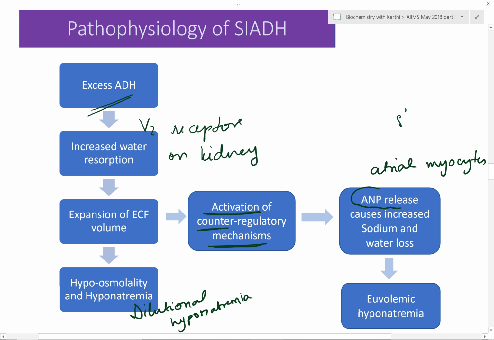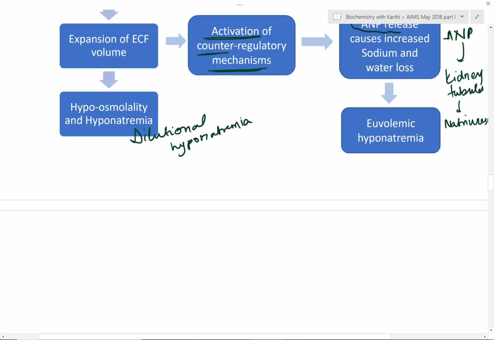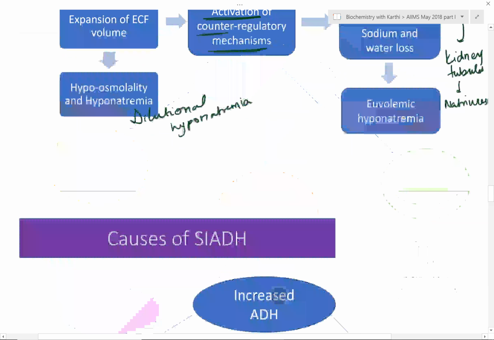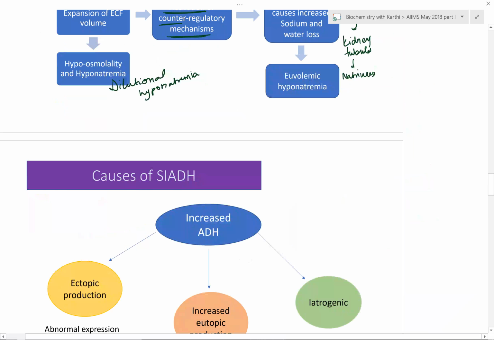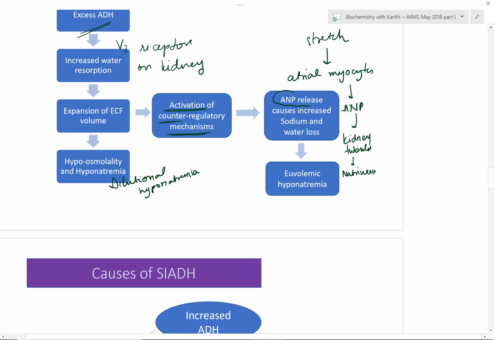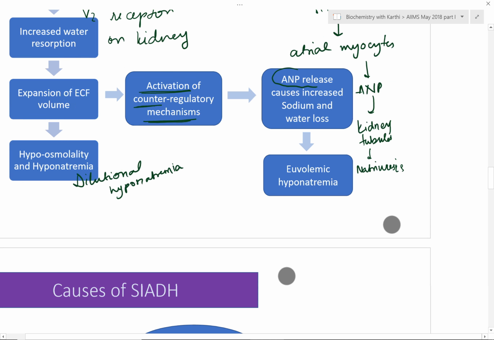When there is stretch of the atrial wall, it causes the release of ANP from atrial myocytes, and this ANP acts on the kidney tubules and causes natriuresis. Basically it blocks a sodium channel and it blocks sodium resorption, and then water goes along with that. So it causes natriuresis.